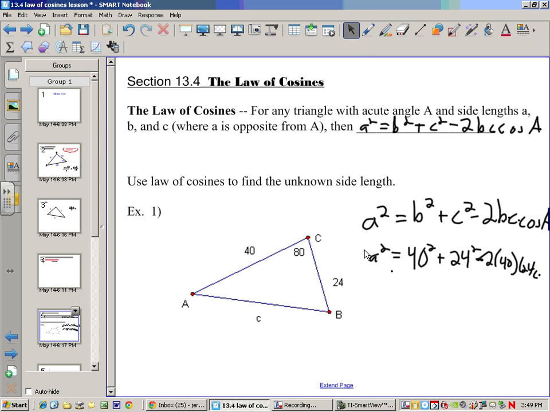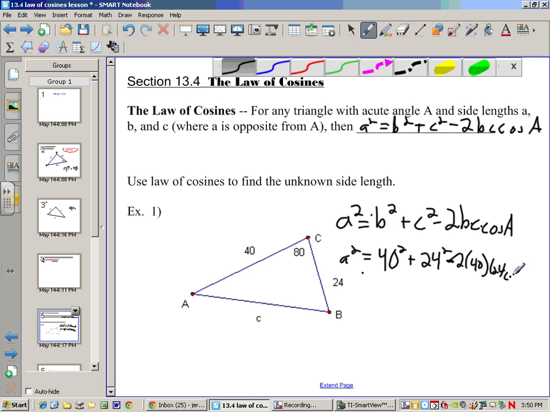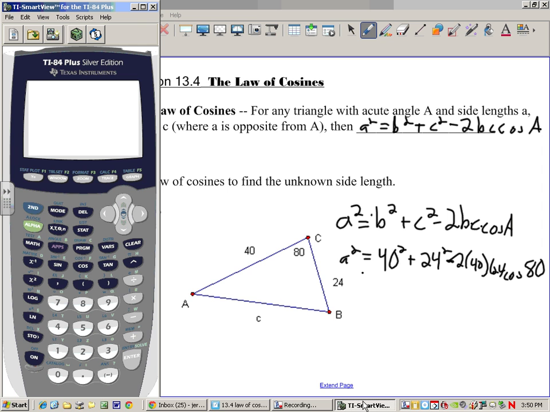Let me see if I can move this over a little bit to give myself a little bit more room there. Times the cosine of my angle in between, which is 80. Now to do this, I would do this whole thing in your calculator at once if you have one of these fancy TIs.